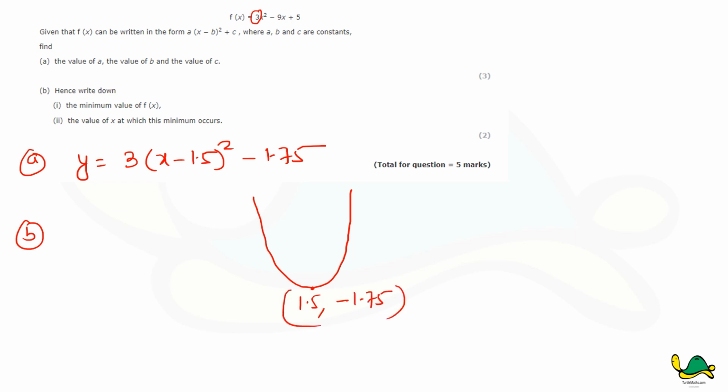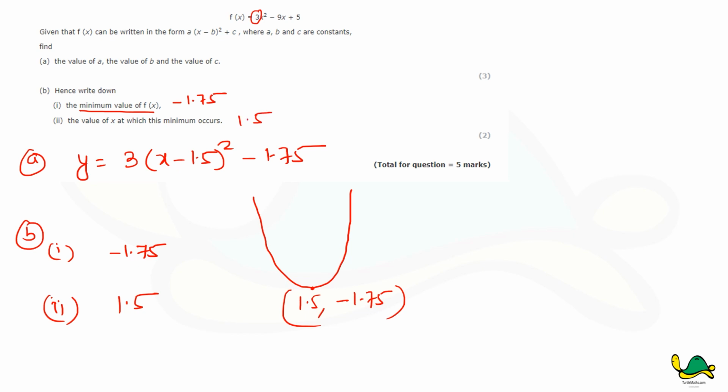So the minimum value of the function is negative 1.75, the y value. And it occurs at x equal to 1.5. We got our 2 marks.